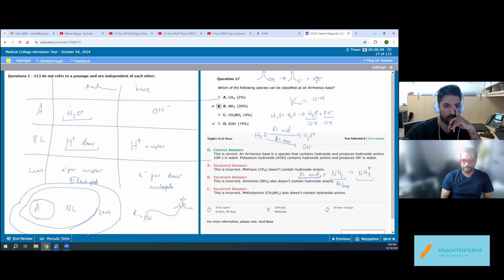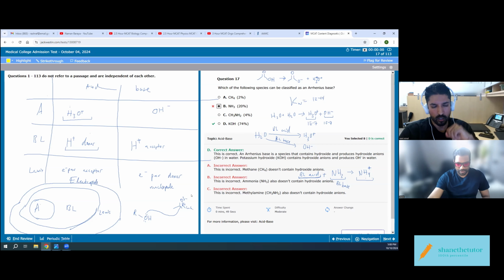The most important thing is that an Arrhenius acid is anything that produces hydronium, and an Arrhenius base anything that produces hydroxide. A Bronsted-Lowry acid is a proton donor, and a Bronsted-Lowry base a proton acceptor. That's the default definition when they talk about acids and bases. But if we're talking about nucleophiles and electrophiles, that's typically in orgo, and that's where the Lewis definitions come in.